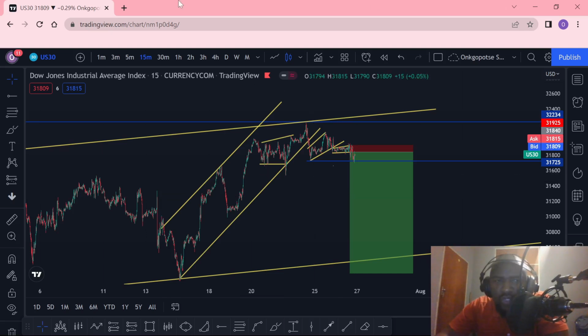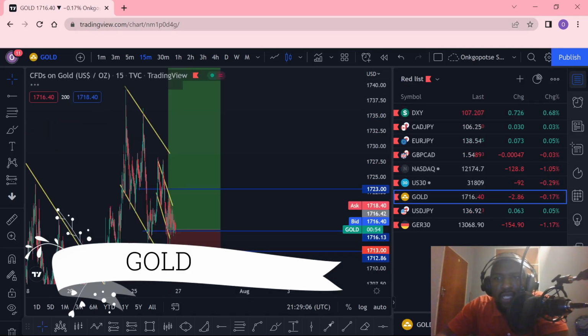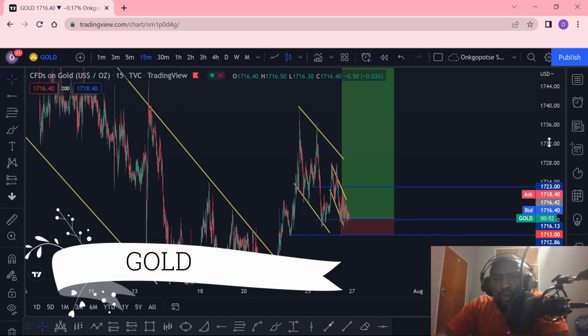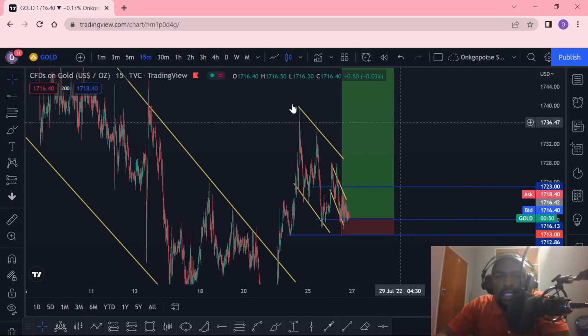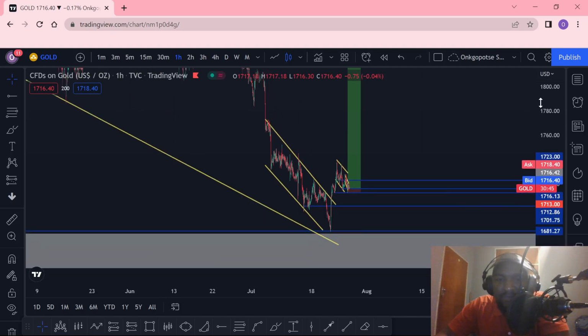So moving to the next pair, which is a beautiful gold. This is one of those setups that we can cater for the markets to take advantage of.